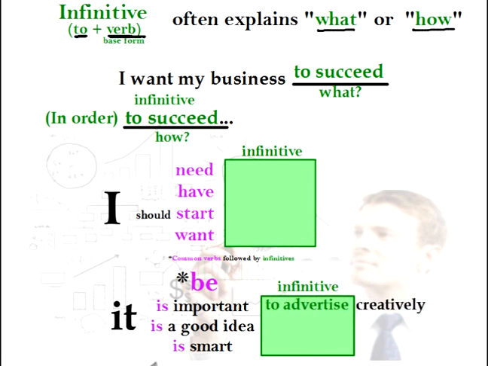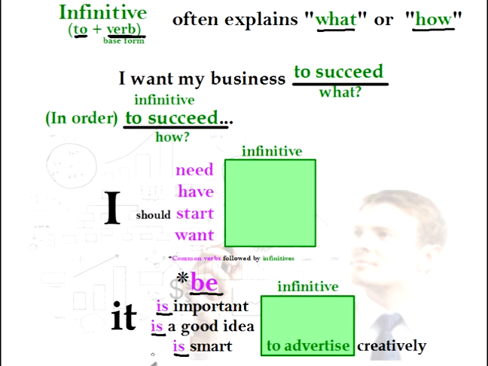So in order to succeed, it is important to advertise creatively. Or it is a good idea to advertise creatively. Or to succeed, it is smart to advertise creatively. I'm using the infinitive with the verb to be.